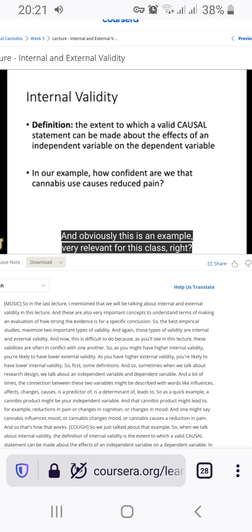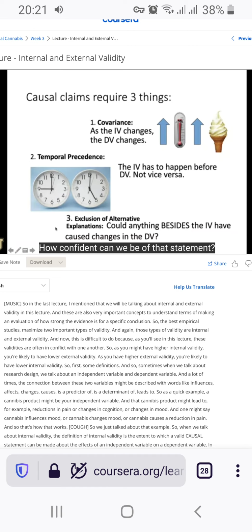And obviously this is an example very relevant for this class, right? When we talk about pain and we want to understand the literature and the studies, how confident can we be that cannabis use causes reduced pain? That is what we're talking about when we talk about internal validity. How confident can we be of that statement?